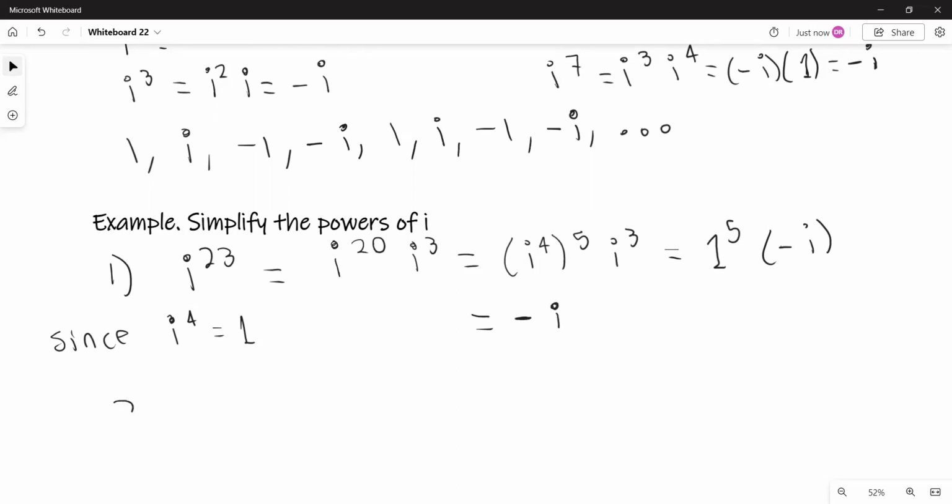And number 2, we can do this if we have negative powers as well. You have i to the negative 3. Okay, so since i to the 4 is 1, and multiplication by 1 gives the number as it is, we can multiply by i to the 4.